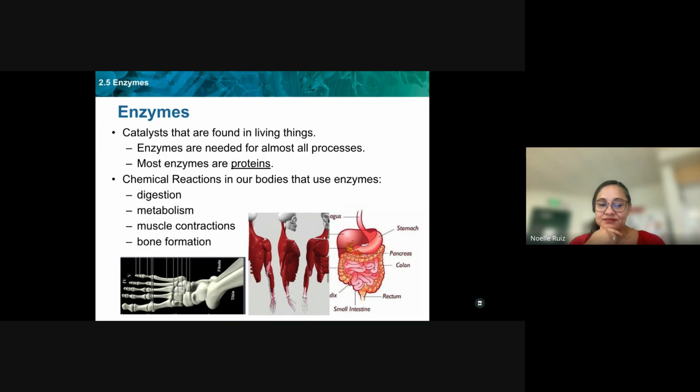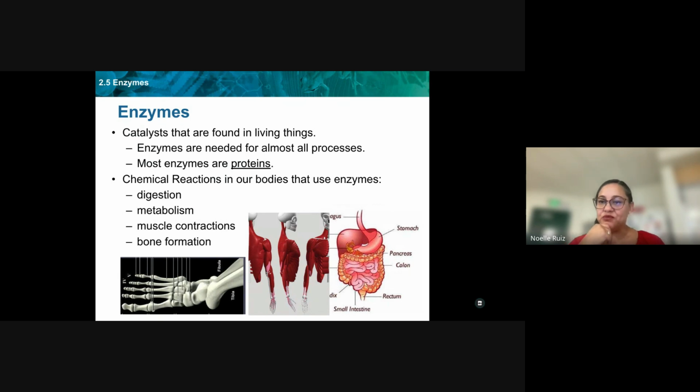Metabolism is when our bodies suck the nutrients and the energy out of our food and put it back into our cells. Those require different enzymes. Muscle contractions. Every time you move, the fact that you're sitting up straight, your spine, your muscles are helping you sit up straight. Those require certain enzymes.